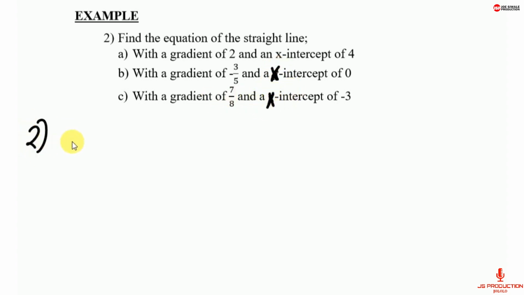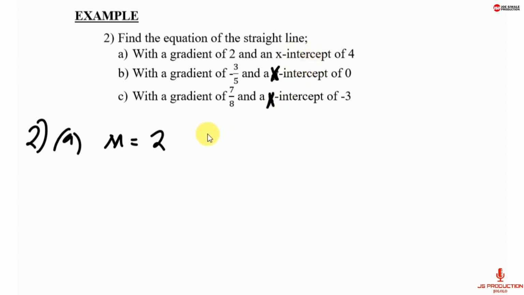So question 2a, I've been told that the gradient is 2, and the x-intercept I've been told that that's 4, and we know that the x-intercept is the x-coordinate where the line cuts the x-axis.